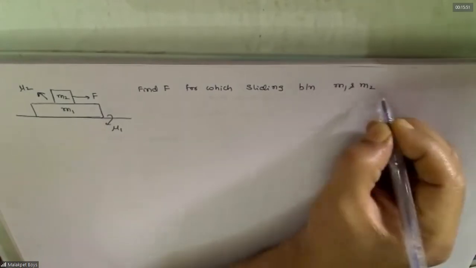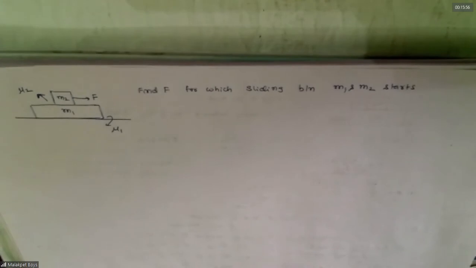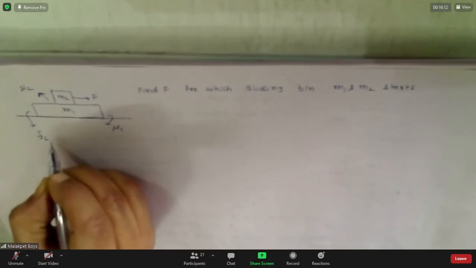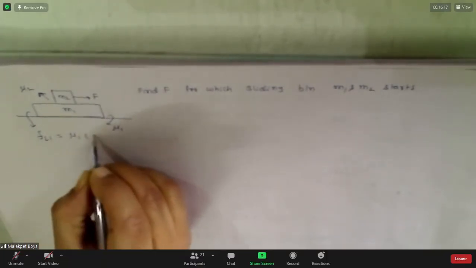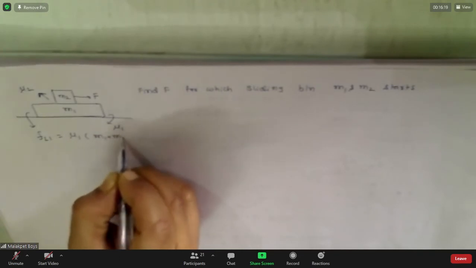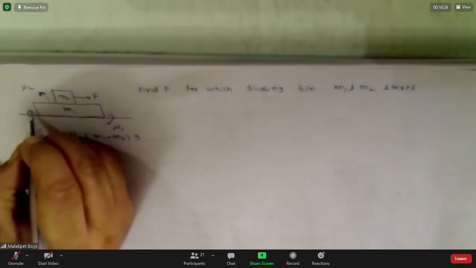This is between. Okay. In all these problems, let us take this as a surface. Limiting friction between block 1 and the surface. You can do this now, I think. What is that? It is equal to. Do you agree with this or not?